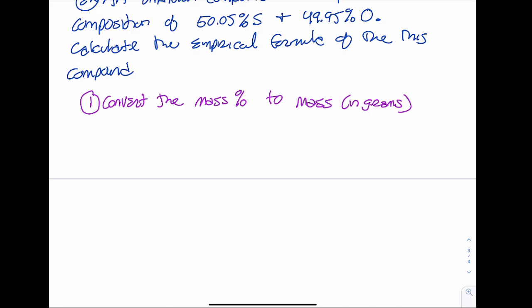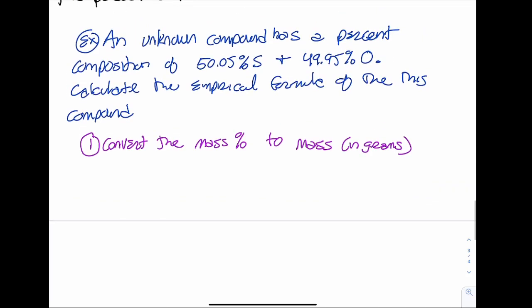So if I had 100 grams of this compound and 50.05% of it was sulfur, that means that I would have 50.05 grams of sulfur. If I had 100 grams total and 49.95% of that 100 grams was oxygen, then I would have 49.95 grams of oxygen. You can assume whatever number you want.